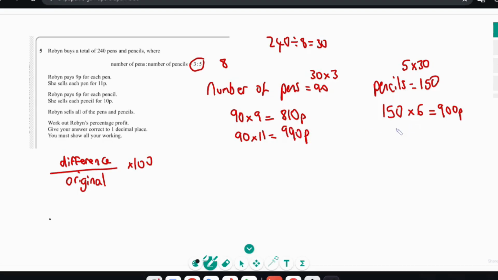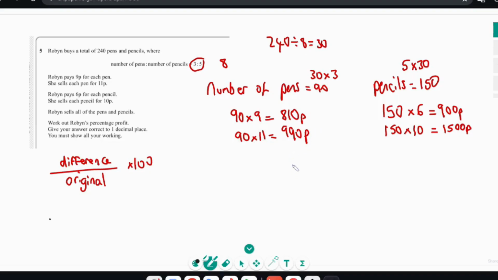And for the pencils, she sells each for 10p, so 150 times 10 is 1,500 pence.